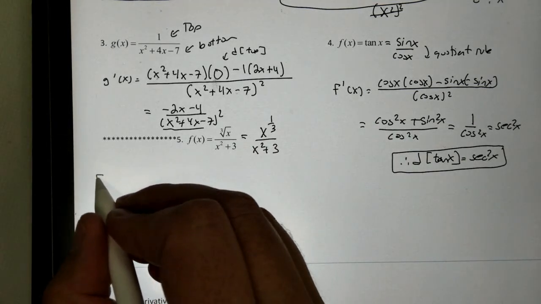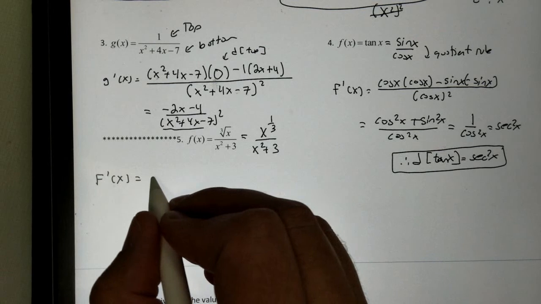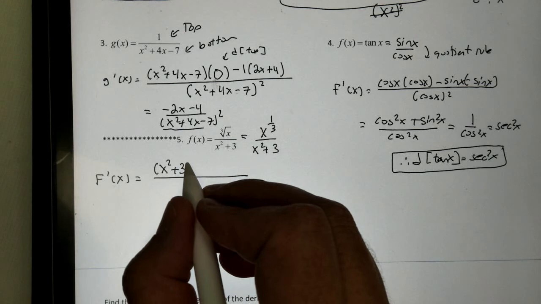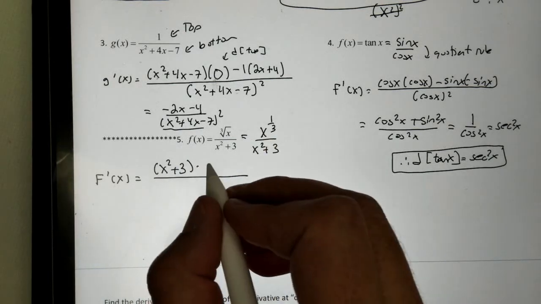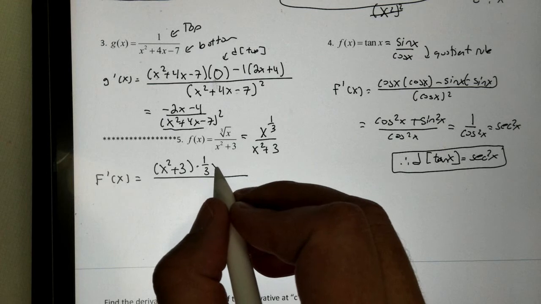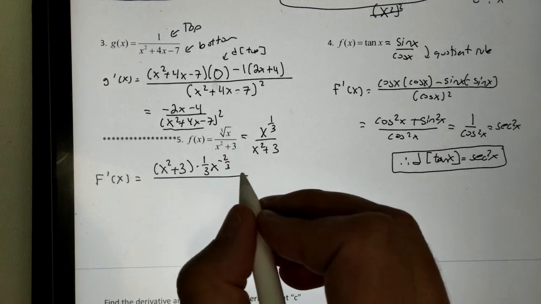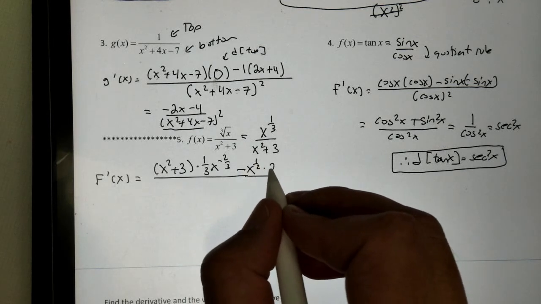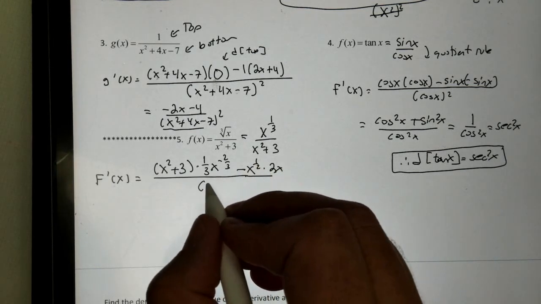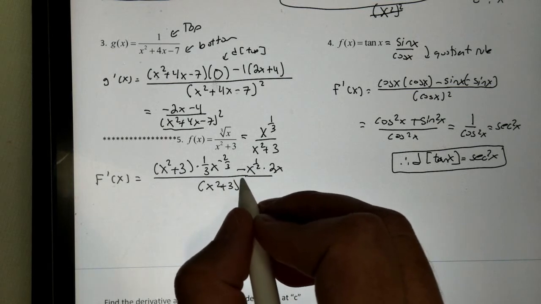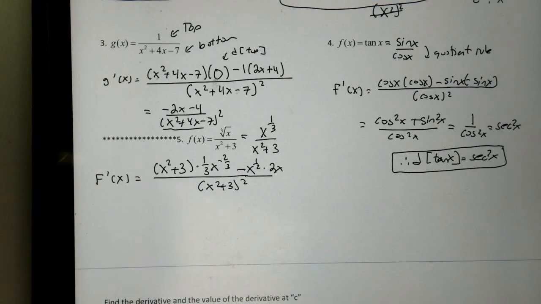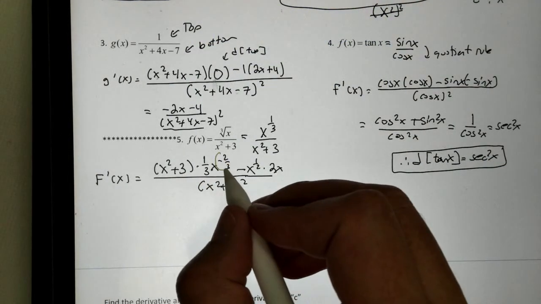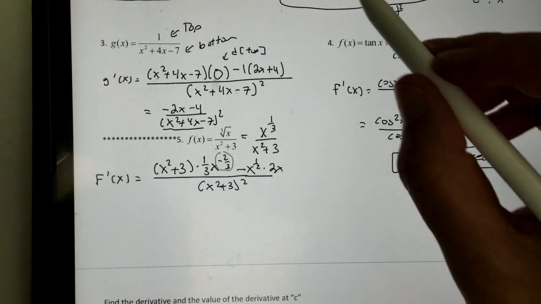When we take this derivative, we're going to take the bottom function, which is this x squared plus 3, multiply it by the derivative of the top, which becomes 1/3 x to the negative 2/3, minus the top function, x to the 1/3, times the derivative of the bottom, all over the bottom squared. Now you want to be really careful with this one because there's one thing that we do not like, and this negative exponent right here. So we have to get rid of that.